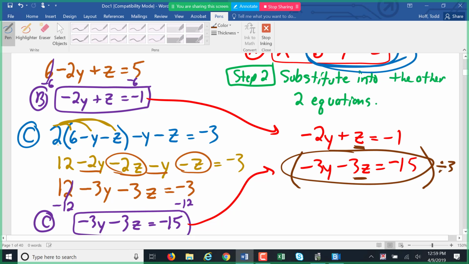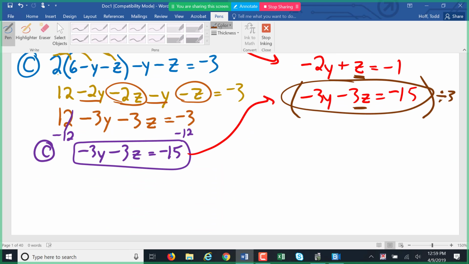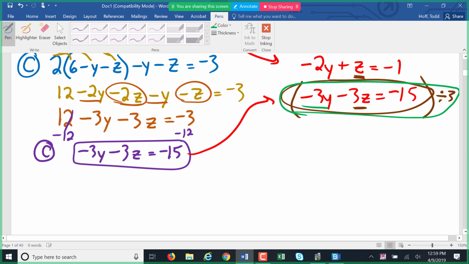Well, then it'll cancel with the positive z. So let's do that. I'm going to divide this here. Negative 3y divided by 3 is negative 1y or just negative y. Negative 3z divided by 3 is just negative 1z or negative z. Equals negative 15 divided by 3 is negative 5.